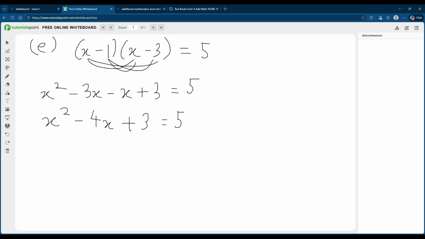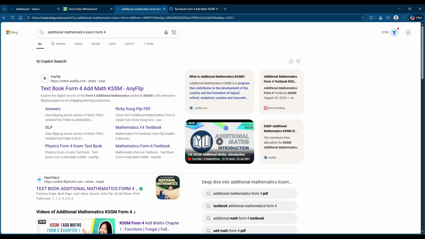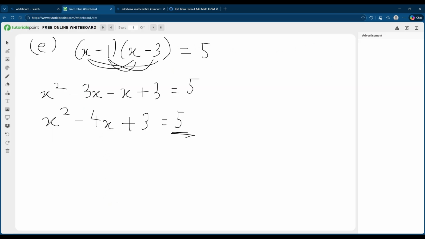You see something a bit different here. Sir, why is there 5 here? Isn't it supposed to be 0? You know the basic rule: a quadratic equation must be equals to 0. So how do we do it?